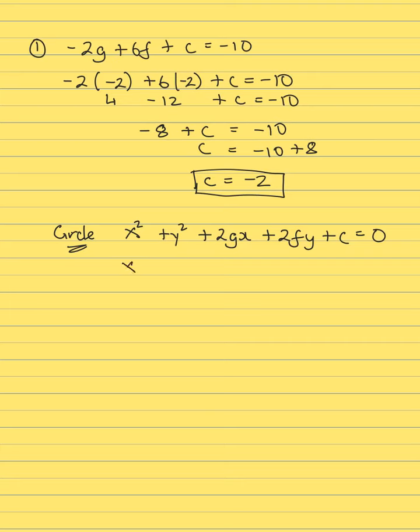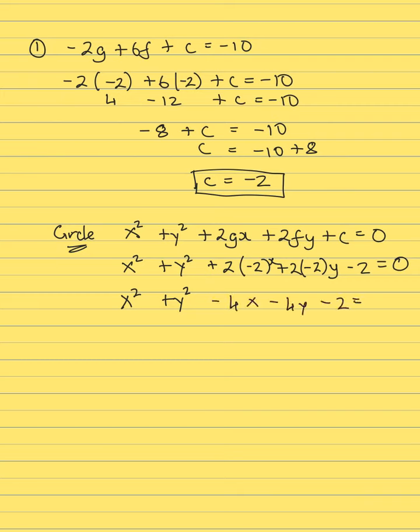So we say x² + y² + 2 times, now the value for g was -2, times x, plus 2fy, so 2 times -2 times y, plus c = 0. And we literally tidy that up. x² + y² - 4x - 4y - 2 = 0 is the equation of that circle.